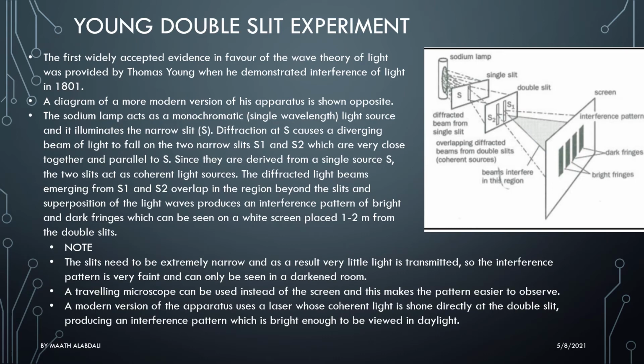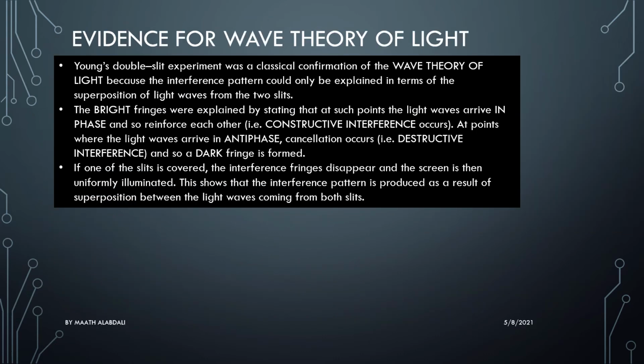Now, I mentioned earlier that the Young double slit experiment confirmed the wave theory of light, because the interference pattern could only be explained in terms of superposition of light waves from the two slits. The bright fringes were explained by stating that at such points the light waves arrive in phase, so they reinforce each other: constructive interference.